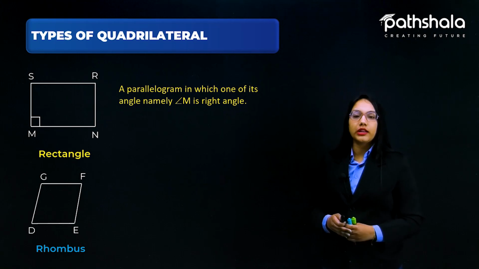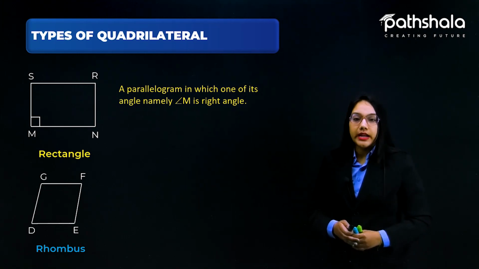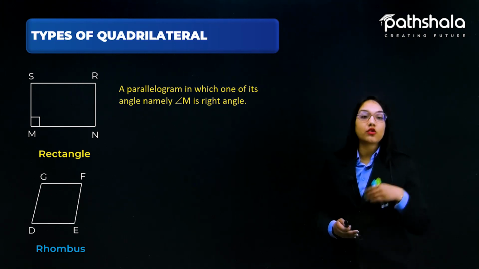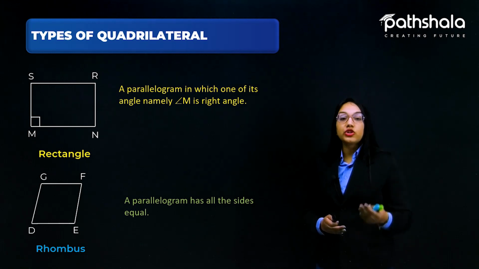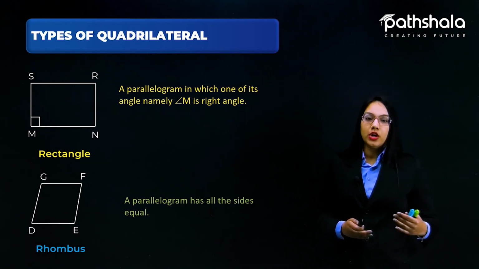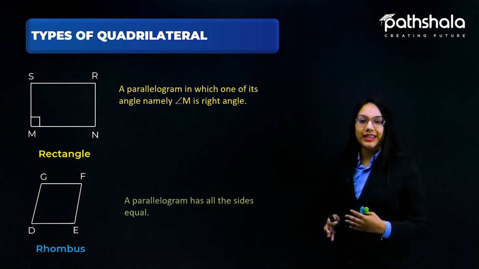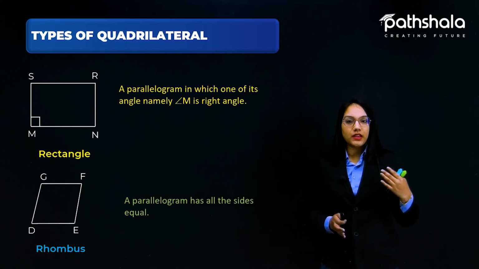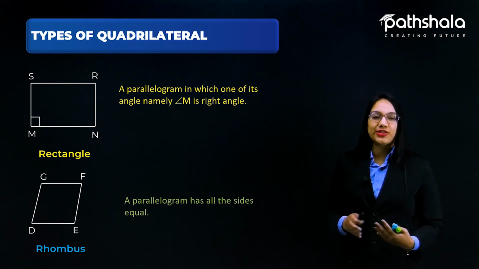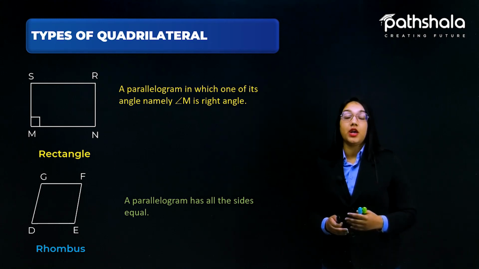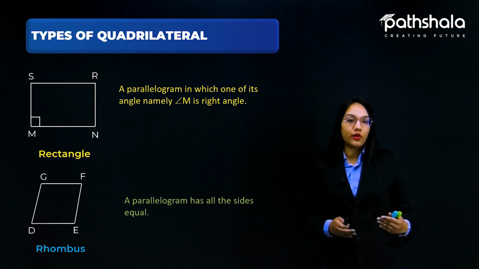Now let's talk about the other figure that can be obtained. It is called a rhombus. A rhombus is also a parallelogram which has all the sides equal. So in this rhombus, DE is equal to EF is equal to FG is equal to GD. So this is called a rhombus. A rhombus is also a parallelogram.